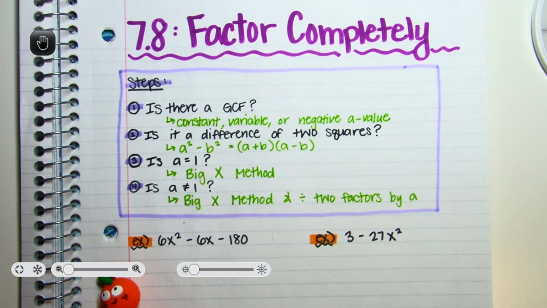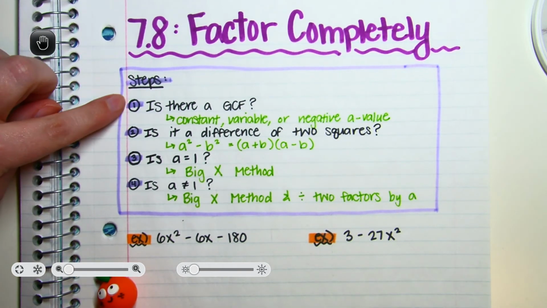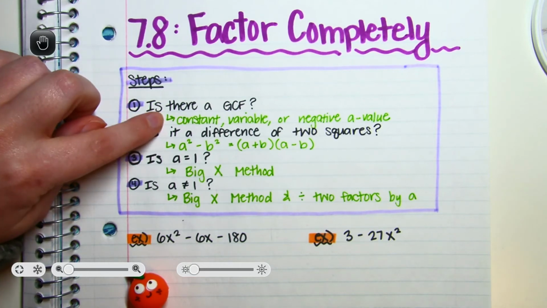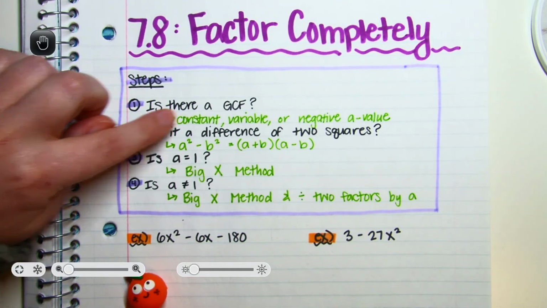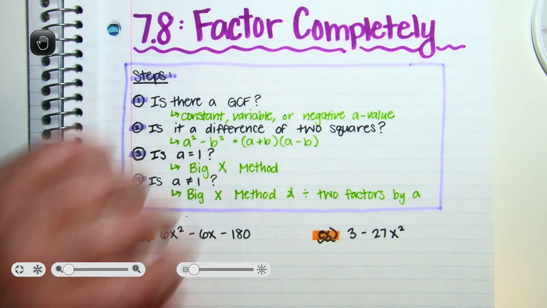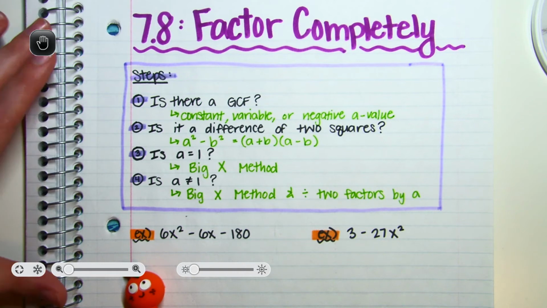All right, so going over the steps, first and foremost, always ask yourself, is there a GCF? And this GCF could be a constant, which means a number, a variable, which is the letter, or if your A value is negative. So if any of those are present, you're going to factor it out.